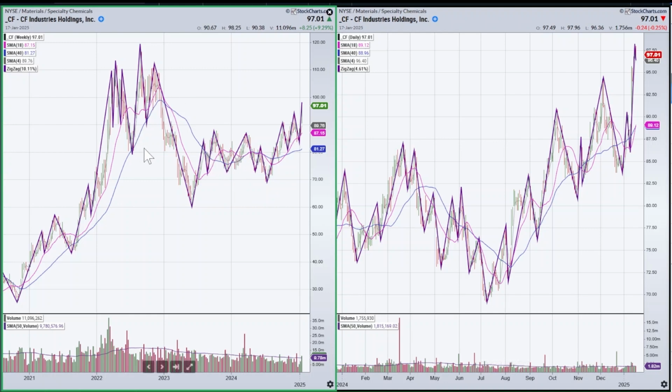Now, it's very important to understand that each time frame has its own price structure. That means each time frame is also going to have its own signs of change in trend. If we start with the daily chart, you can see that we were trending to the downside here, and we make this move down.